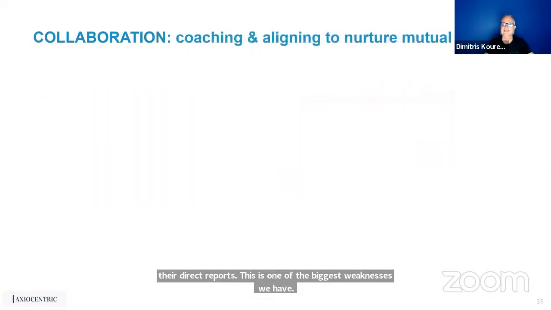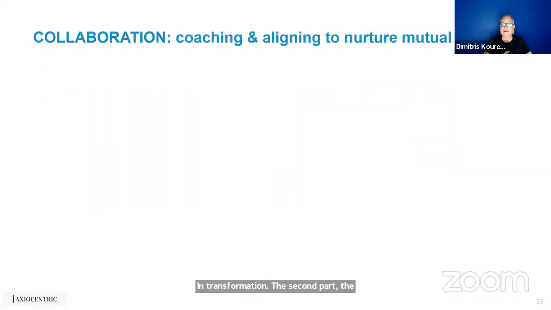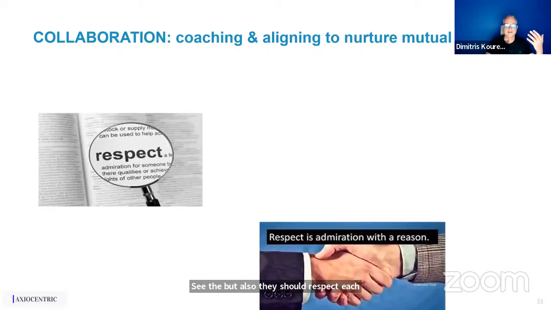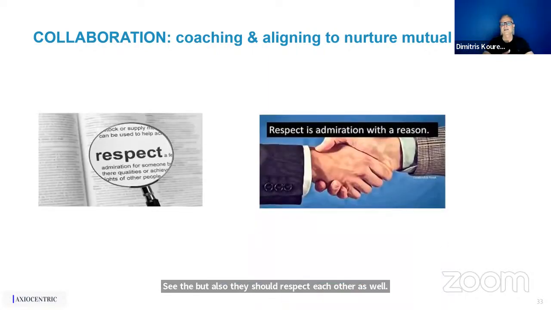The second part: the direct reports, on one side, should trust each other, that at least there are no hidden agendas, but also they should respect each other as well. That helps in collaboration. Because respect means you might have different perspectives versus your colleague.